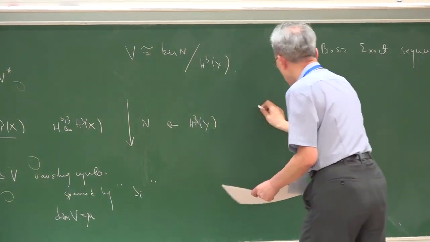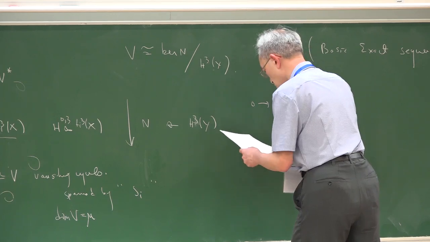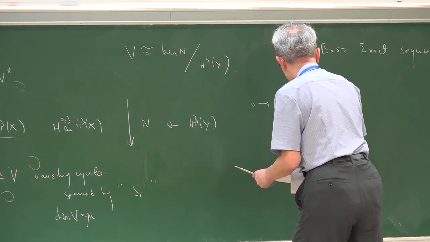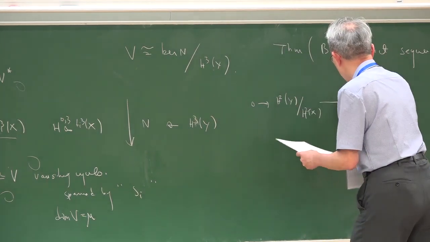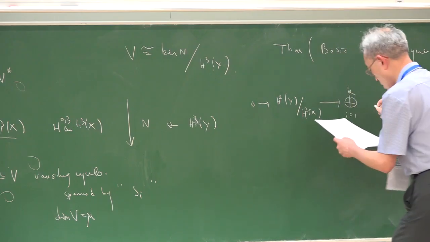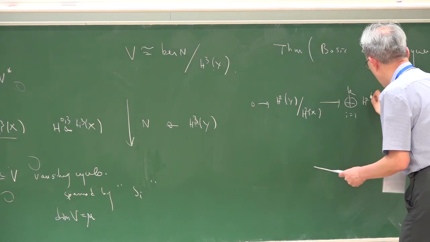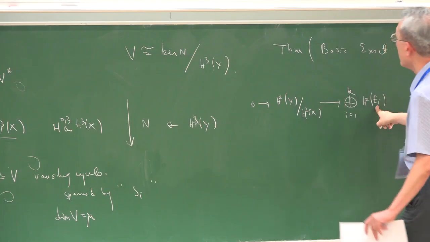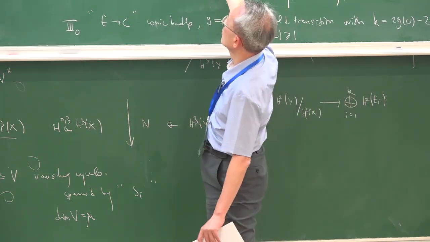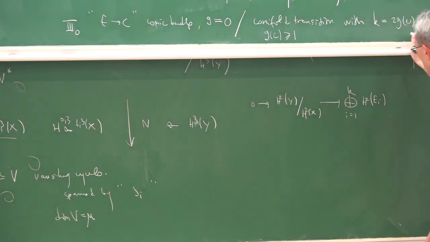Which reads as we write H2(Y) divided by H2(X), and goes to the sum over i from 1 to k of H2(E_i). Remember, E_i are quadric surfaces, the essential divisors appearing in the intersection, P1 cross P1.